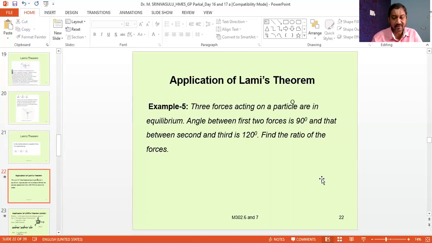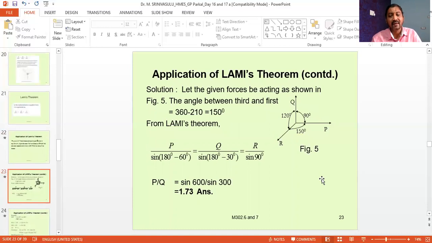So very simple. We have to take the three forces. Let the three forces acting on a particle or on a body be P, Q and R. Here P is the first force, Q is the second force, and R is the third force.